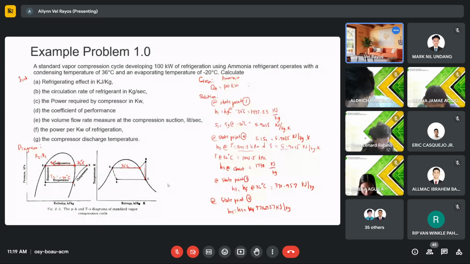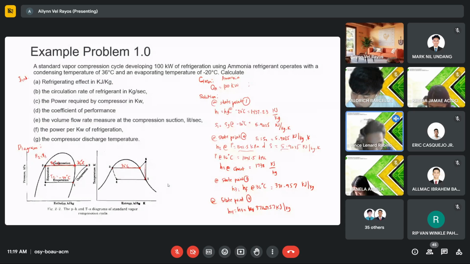Padikta na lang. Yung sagot. Huwag nang i-type. How about FG? Power per kilowatt for F. Zero point 282075. Okay. How about E, Keisha?